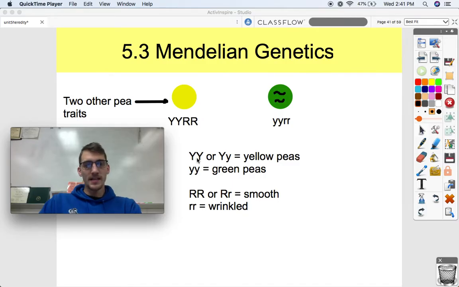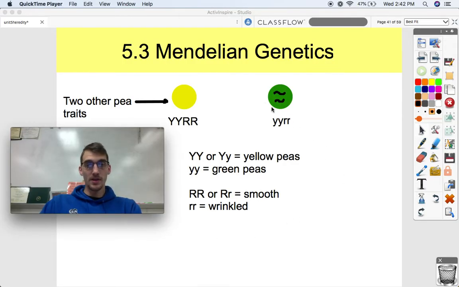If you're homozygous dominant or heterozygous for pea color, you're going to have yellow peas, and if you're homozygous recessive, you're going to have green peas. Something similar down here. If you have homozygous dominance or heterozygous for pea smoothness, you're going to have smooth peas. And if you are homozygous recessive, you're going to have wrinkled peas.